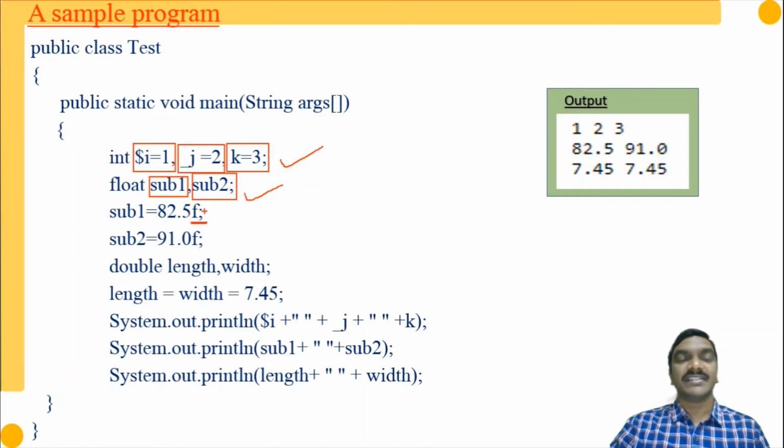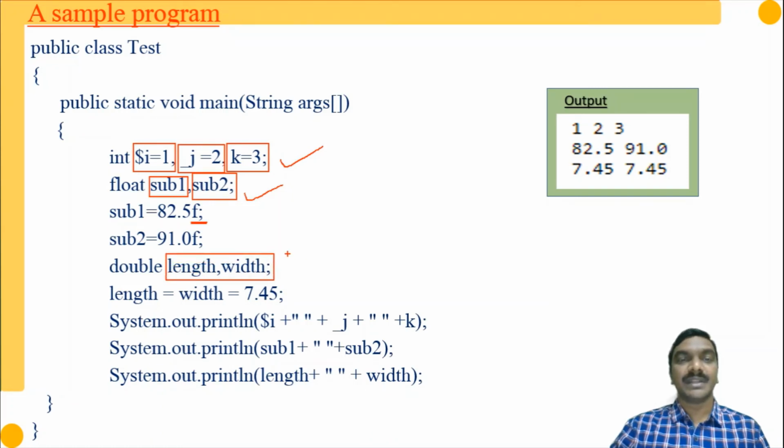If you don't write f, then Java takes it as double, and you will get an incompatible assignment error. So remember this, if you are initializing some floating point value, don't forget to include the letter f at the end of your number.